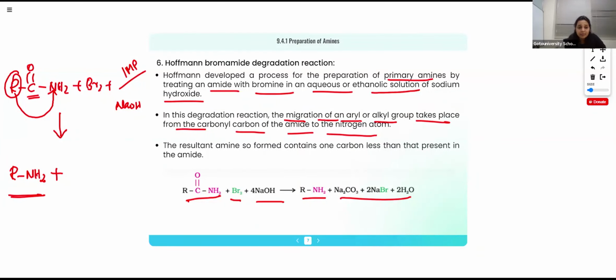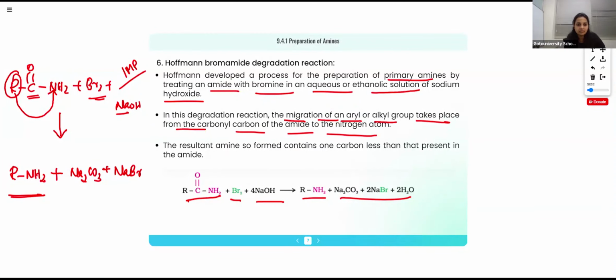Then what about the remaining products? This is RCONH2. The remaining oxygen and these will combine together to produce Na2CO3, sodium carbonate. The remaining sodium reacts with the bromine to produce sodium bromide.